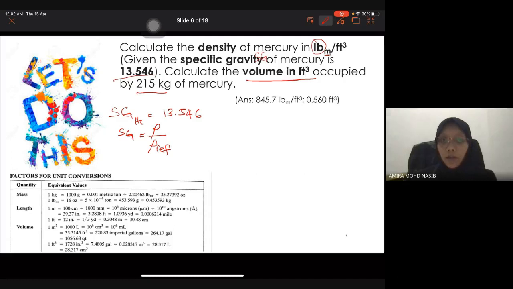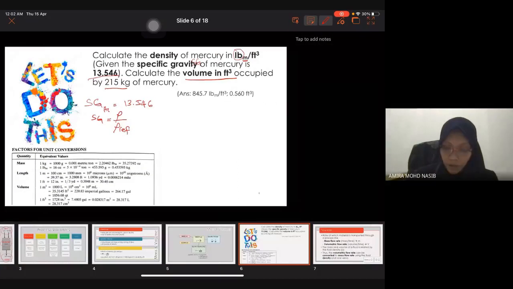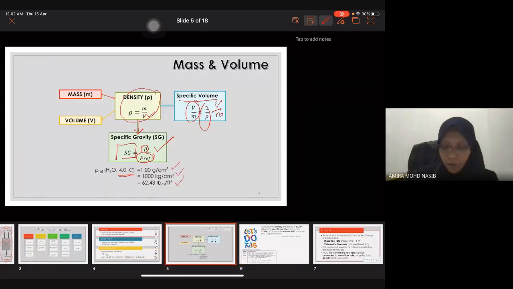What else do they give? From the previous slide, the density of reference in pound feet units is 62.43 pound mass per feet cube.